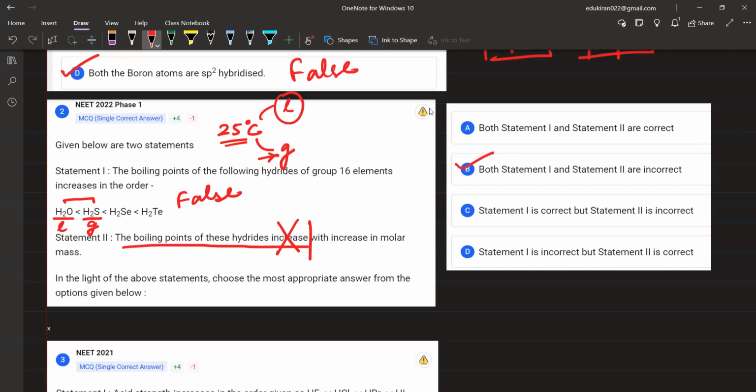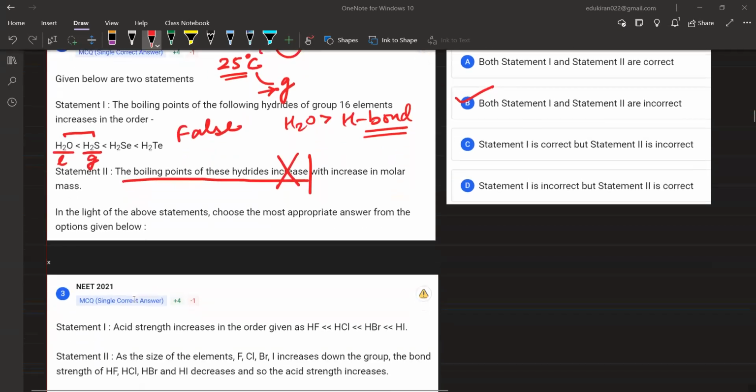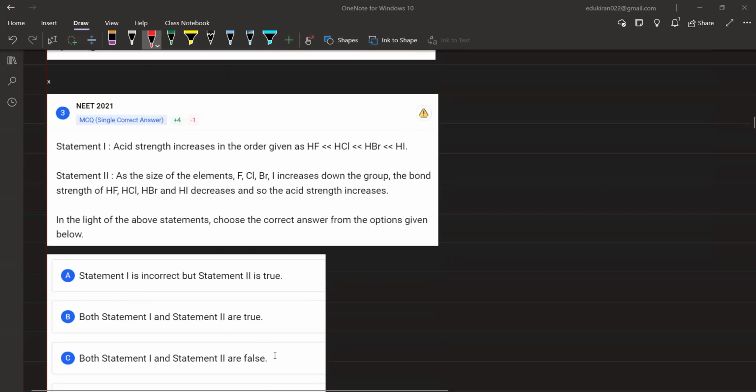Now, why is water having higher boiling point than H2S, even though H2S has higher molar mass? Water has higher boiling point because of hydrogen bonding. Hydrogen bond. Correct. Okay. Now, moving on. Try this one.